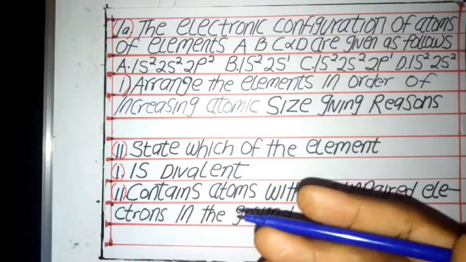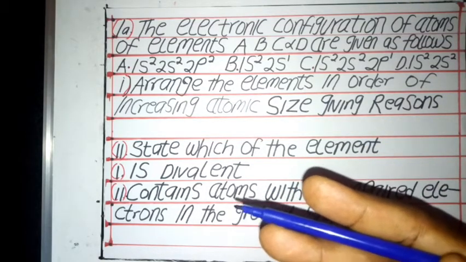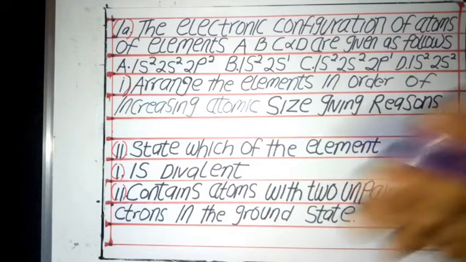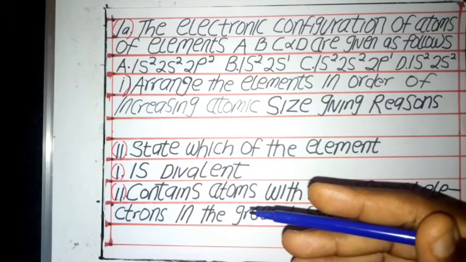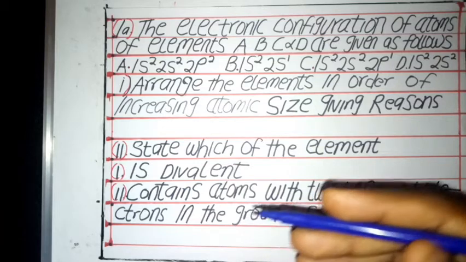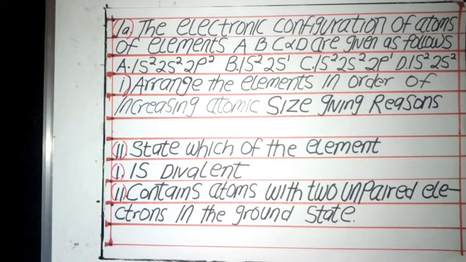Lithium is in group 1. After lithium, we have beryllium, then boron, then carbon. So you notice that these elements are in the same period, starting from lithium, beryllium, boron, carbon.